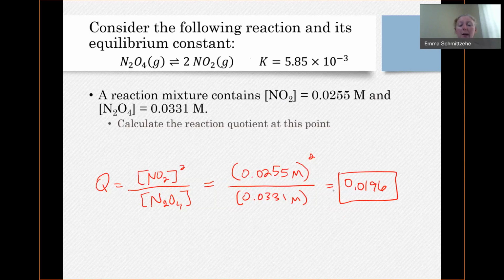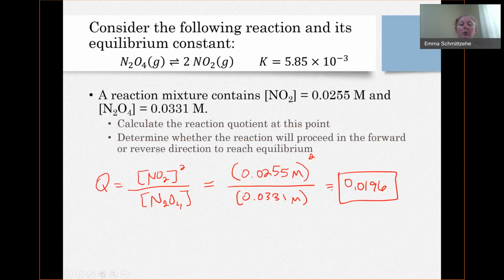Now, what I want is to determine whether the reaction is going to proceed in the forward direction or the reverse direction in order to reach equilibrium, because it's not at equilibrium, right? These two values, they're not equal, and so it's not at equilibrium.